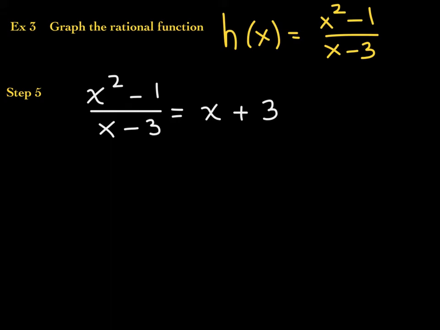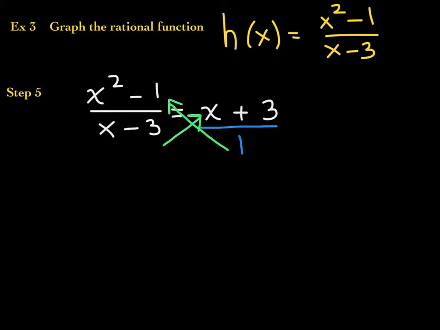A little while ago, when we did a problem like this, at this step, what I did was cross multiply. You can still cross multiply if you like, if you just remember that x plus 3 is really over 1. So cross multiplication works like this, okay?